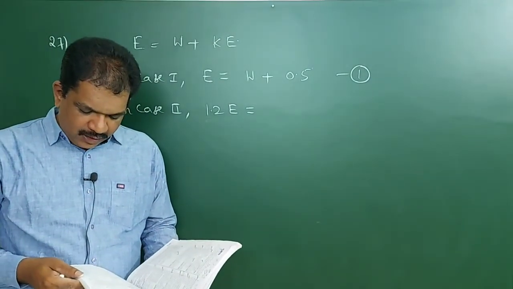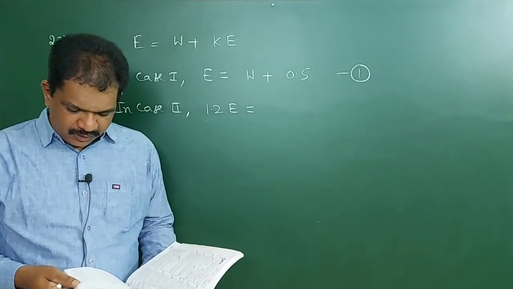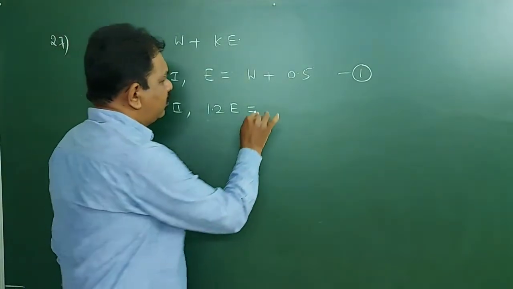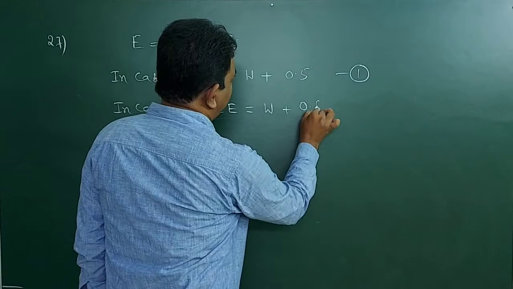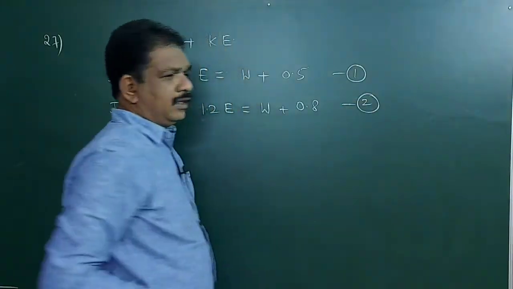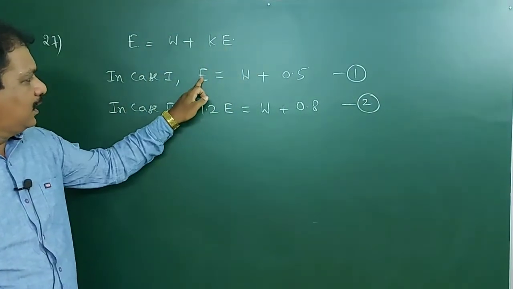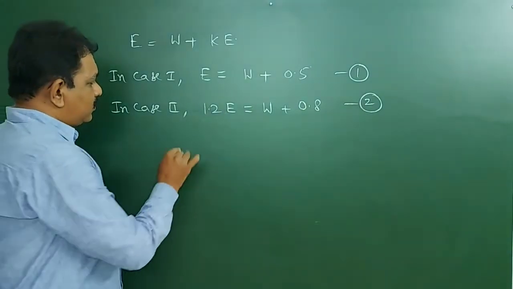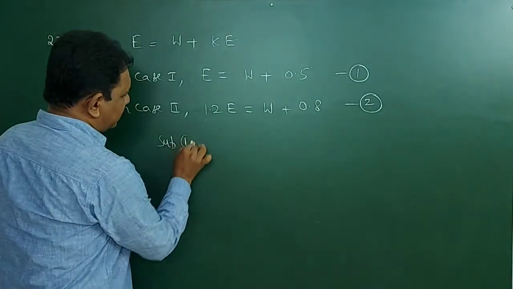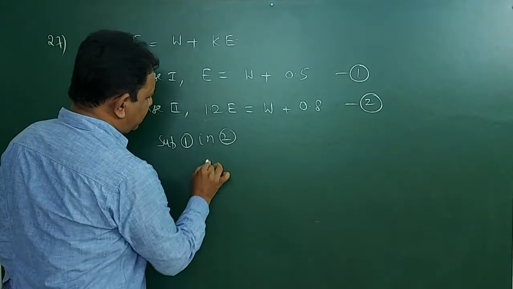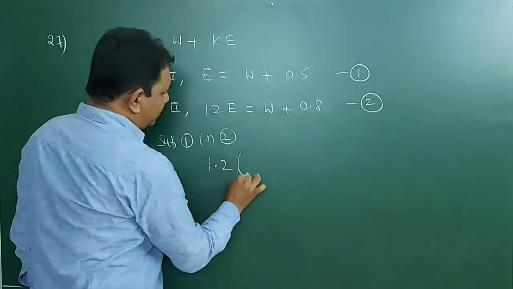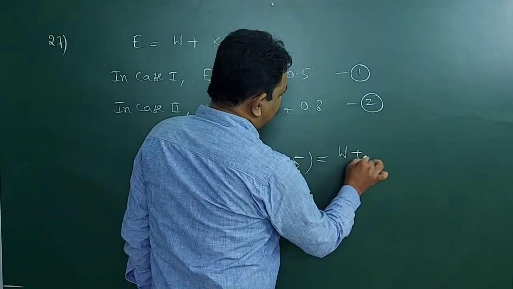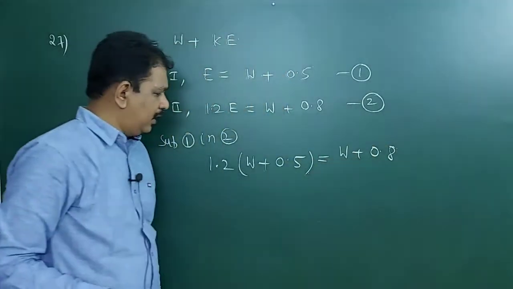Clear? Now they are asking for the W value. The kinetic energy in case 2 is given as 0.8. Substituting E, we get 1.2 into (W plus 0.5) is equal to W plus 0.8.